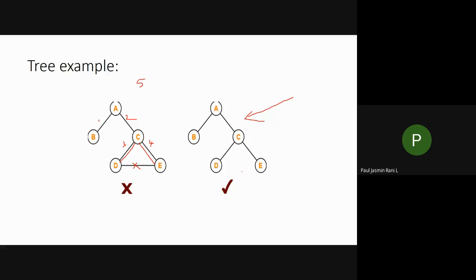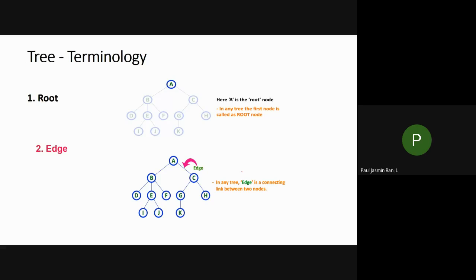Okay, next let us see the tree terminologies which are used. These are the terms you have to remember while solving problems. So remember certain terminologies or terms which are used in your tree data structure.